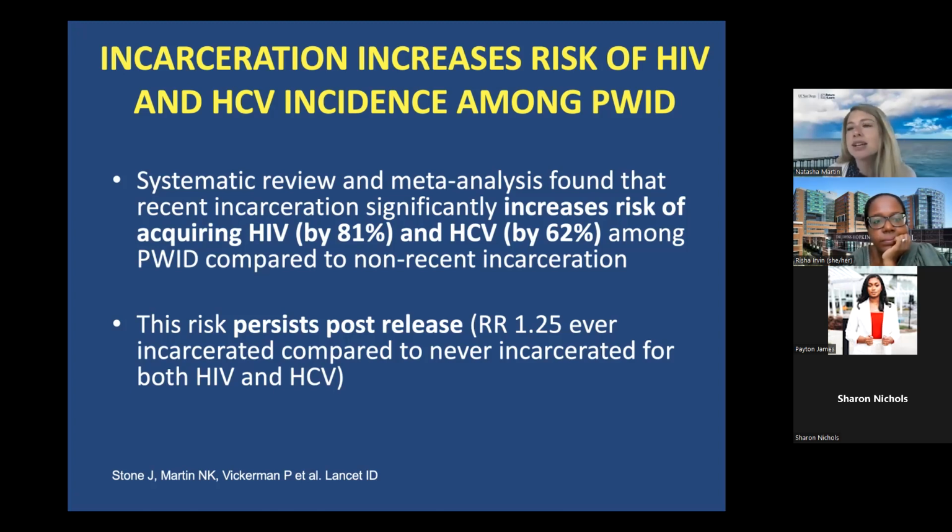Now, this was done looking at statistical associations, but we can use these statistical associations to feed into models to try to understand what that means in terms of the contribution, based on what proportion of people who inject drugs are exposed to incarceration and how long they're exposed to incarceration. We can use modeling to try to understand how much incarceration is contributing to HIV transmission and incidence.